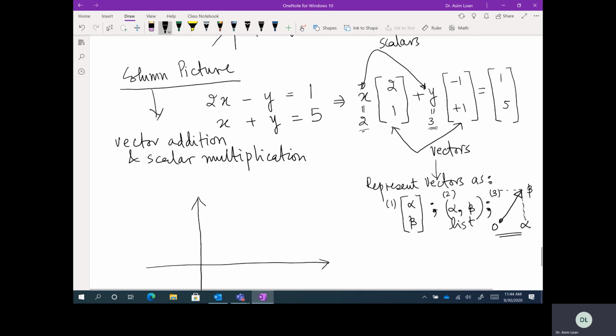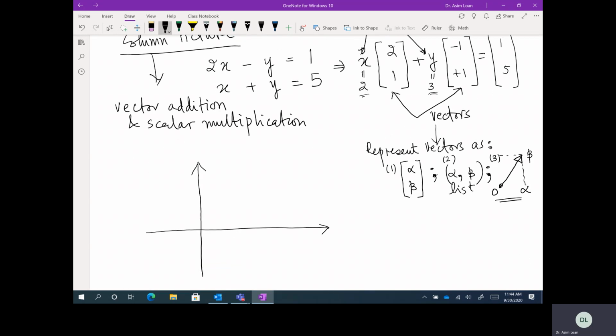So all I'm going to do is draw these vectors, and then I'm going to scale them. So 2 and 1 simply means 1, 2. So x is 2, y is 1. So this vector is like this, right? This is 2, and this is 1.